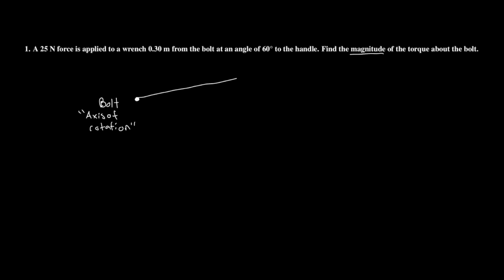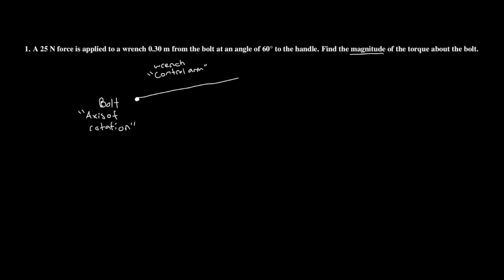We now have our wrench, which I'm just going to draw as a line. And I also have terminology for this. I'm going to call it the control arm. We're not necessarily going to be talking about a wrench for all the problems, but we're going to call the wrench in this problem, or the thing that is being rotated, the control arm.